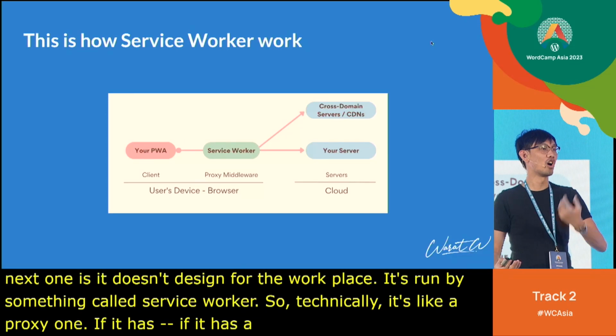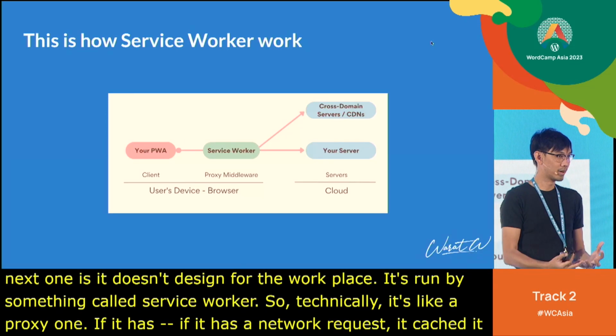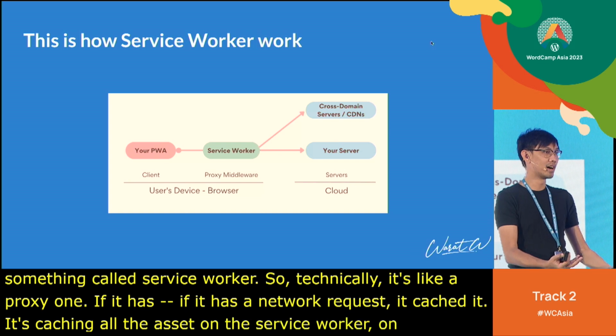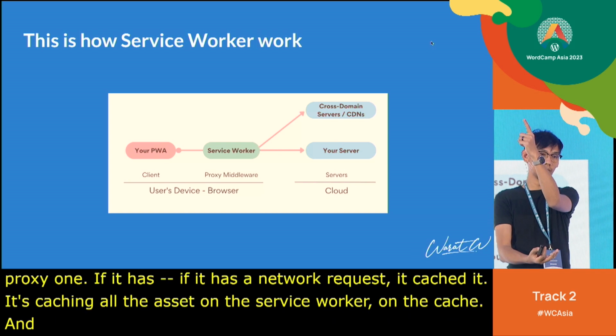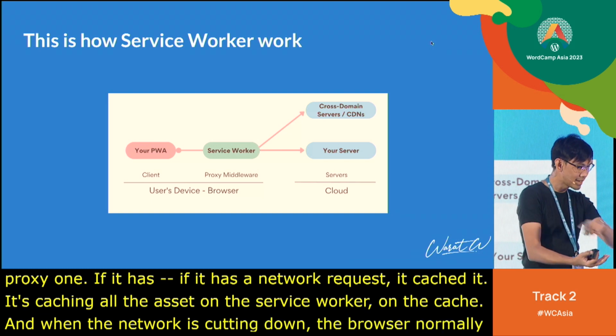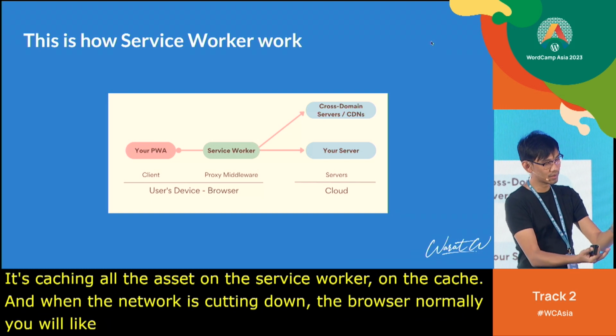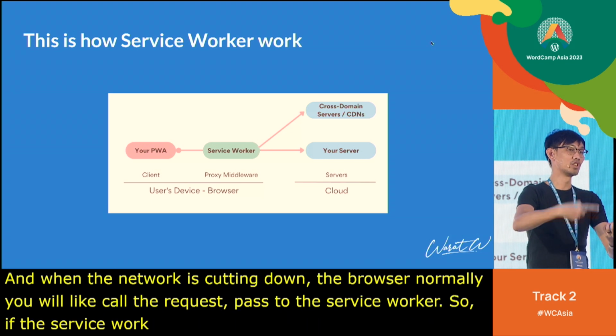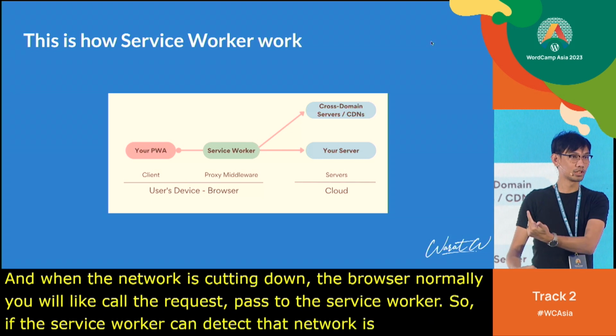It caches all the assets in the service worker's cache. And when the network goes down, the browser will normally pass the request to the service worker. So if the service worker detects that the network is not available, it will serve the cache.